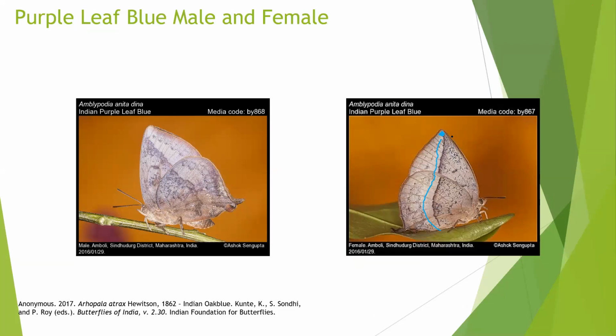Unlike the female, which has a very narrow and very prominent band, the male also has a band which does not originate from the apex. It is shifted from the apex and goes down. It is quite diluted, a kind of diffuse band in the case of a male. That's how we differentiate between a female and a male leaf blue.